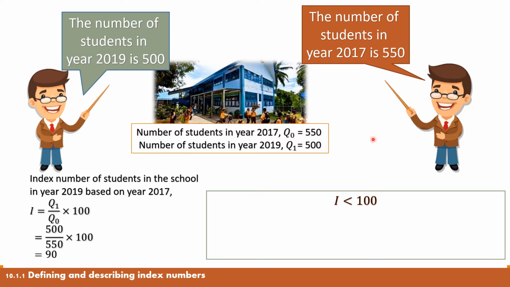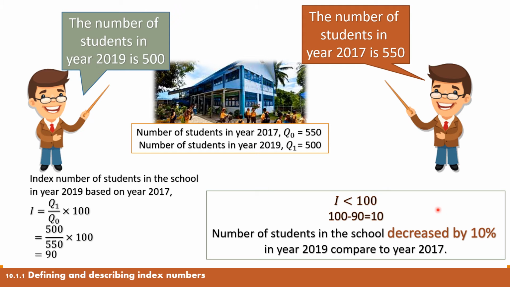To get the percentage of decrement, we subtract the index number from 100. In this case, we deduct 90 from 100 and get 10. Therefore, the number of students in the school decreased by 10% in year 2019 compared to year 2017.